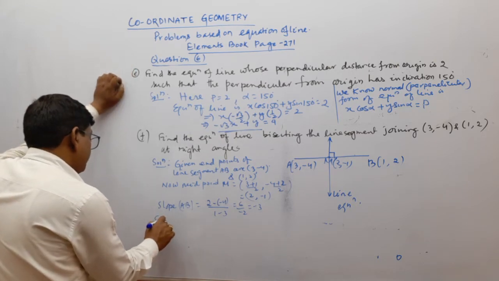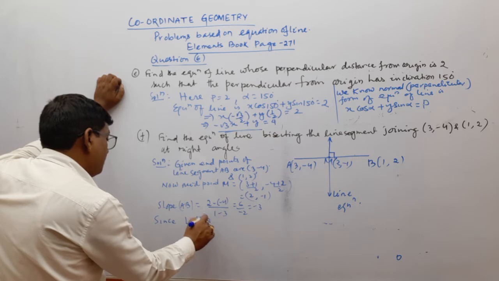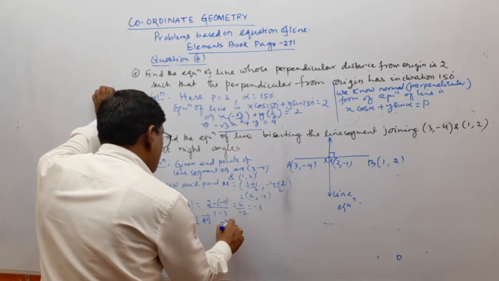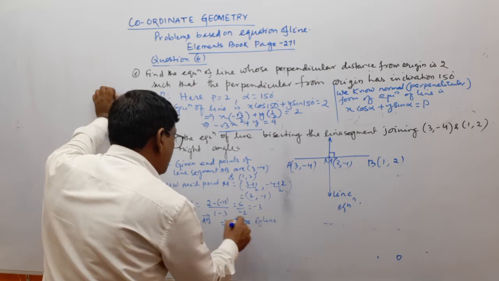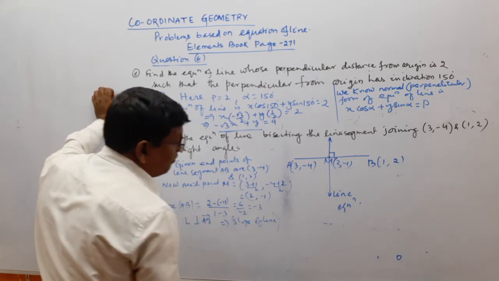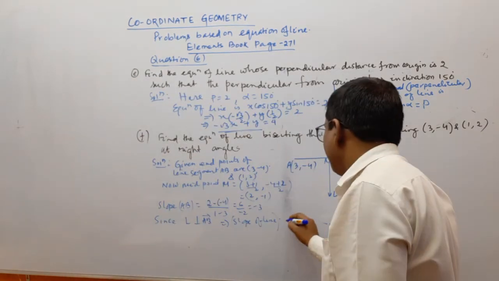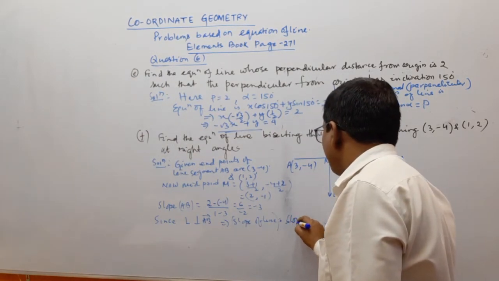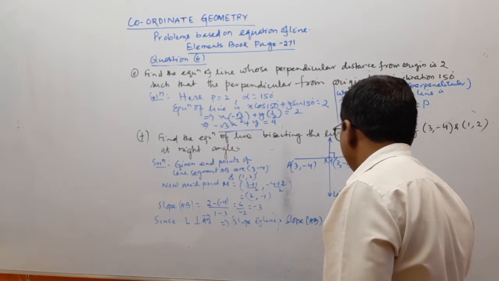Since the line is perpendicular to AB, the slope of the line into the slope of AB is equal to -1.